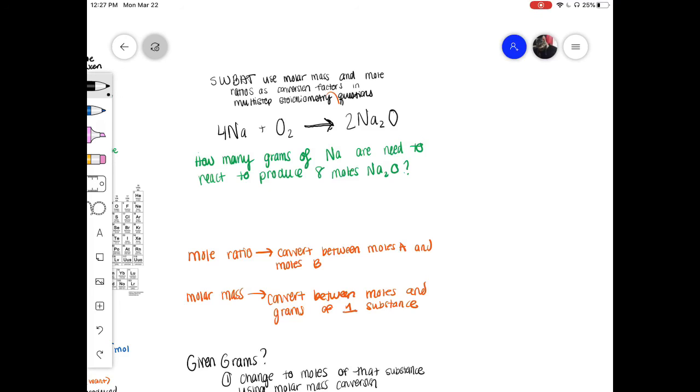Based on that, you will be able to determine what conversion goes first and what conversion goes second. And in our next video, we're going to look at 3-step stoichiometry questions where we're given grams to start with, and they want you to put it into grams of another molecule.